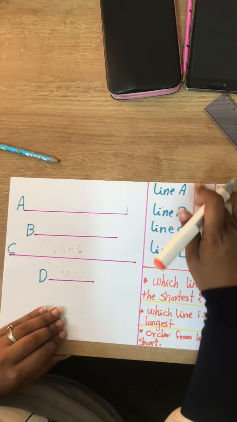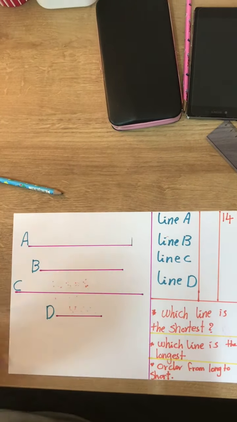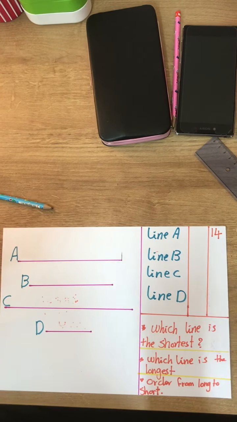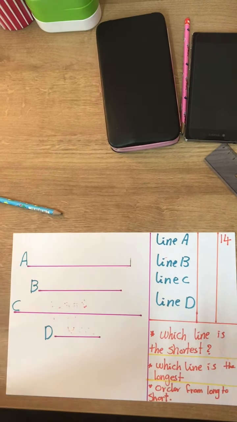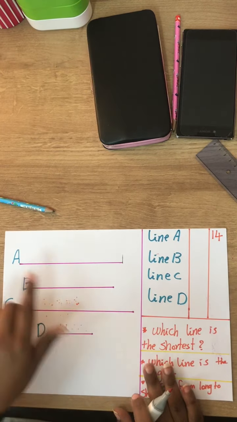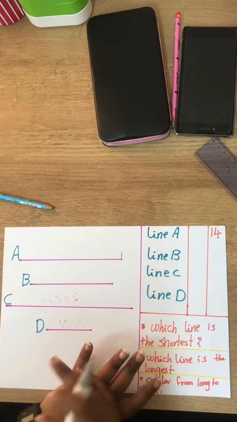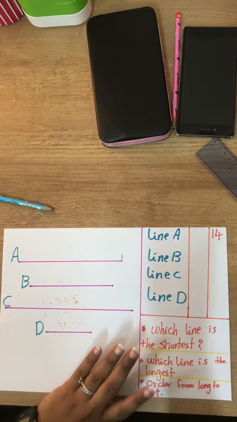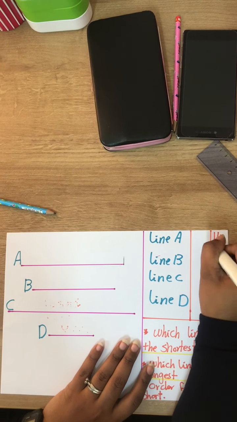In the first column here you have to estimate. To estimate means you have to figure out by looking, only looking. If I look at line A, I will say maybe it's around 10, right? And when you measure it, you will get a different number.